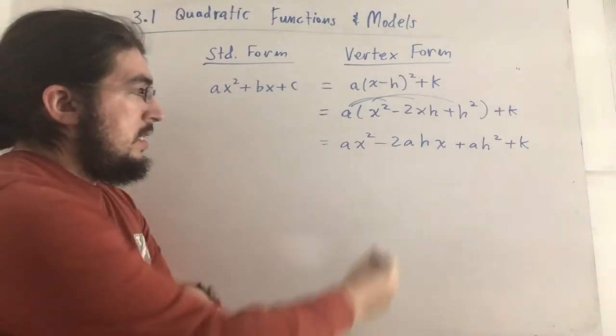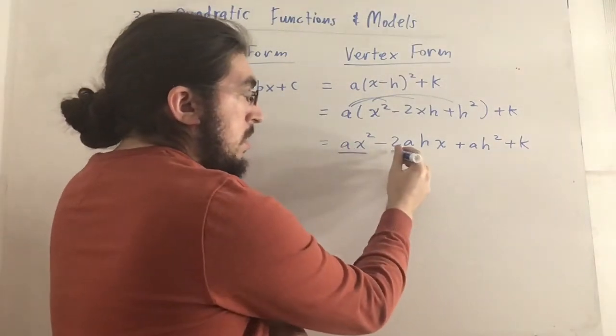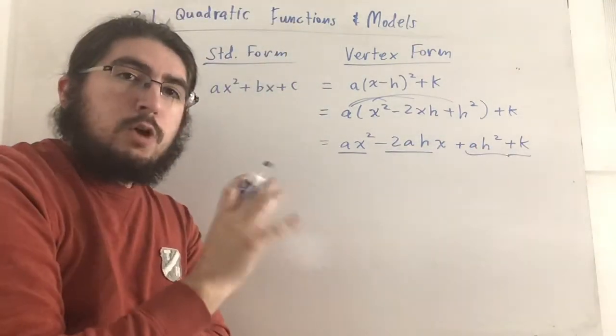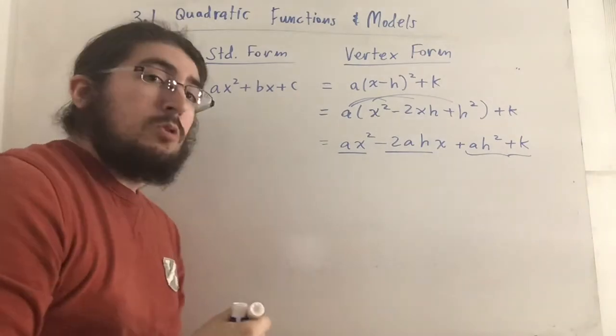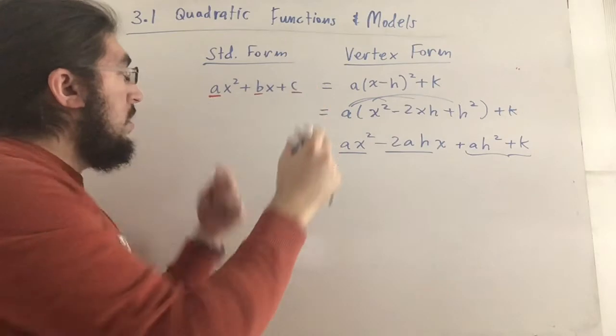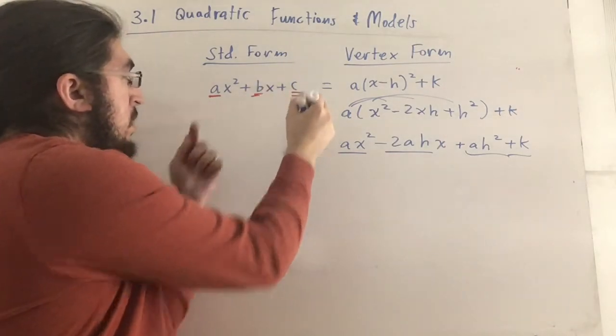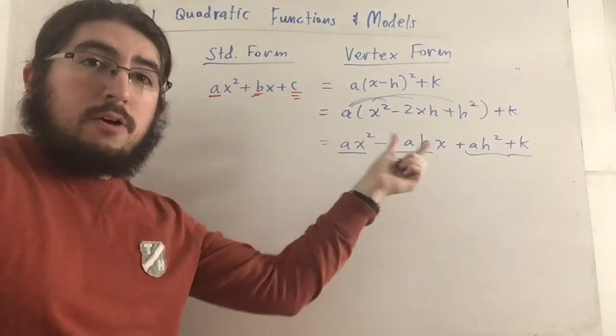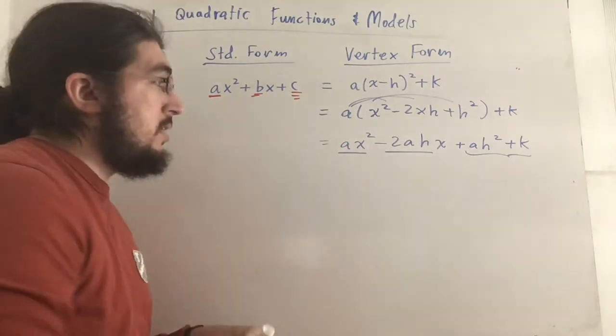So notice, this is ax squared, this times x, and then this. What I'm trying to emphasize is that we're going to do what is called equating coefficients. So the coefficients of ax squared, x, and the constant term will be exactly what they are here if these are indeed equal expressions.